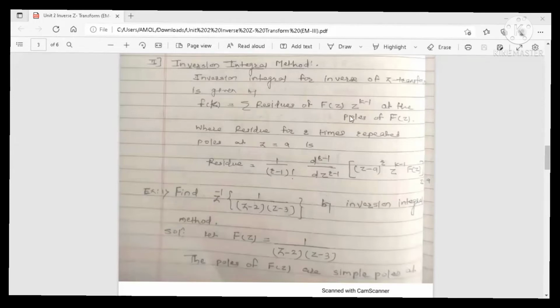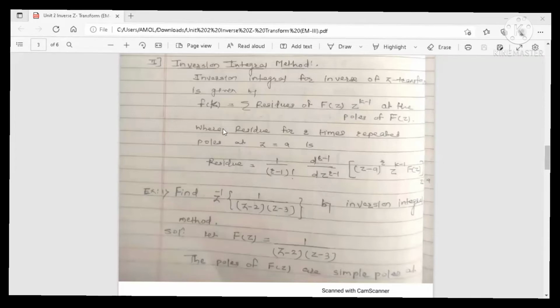You first find the poles of f of z. After finding the poles, you find the residues, and then you add all the residues. That is nothing but your sequence, your required inverse Z transform. Sequence means inverse Z transform.